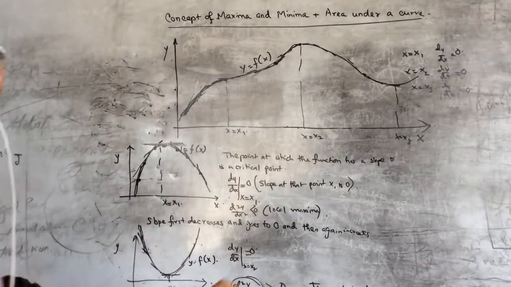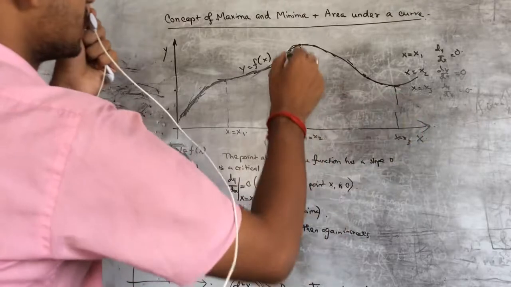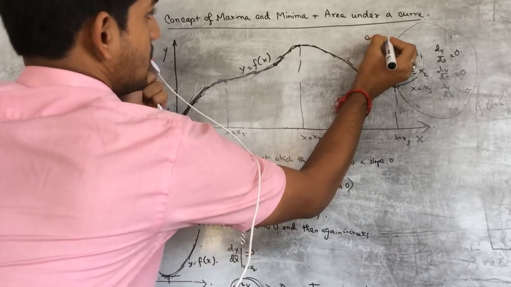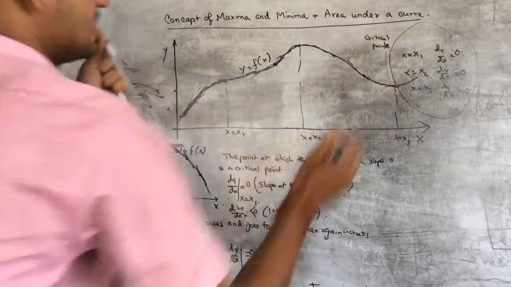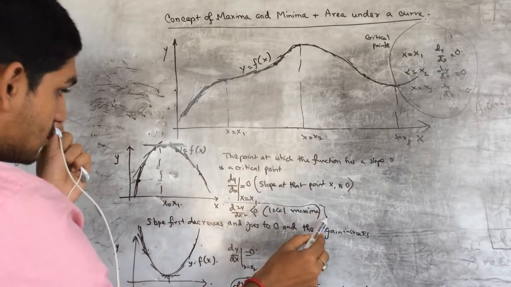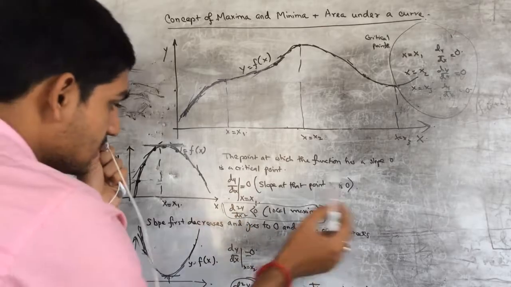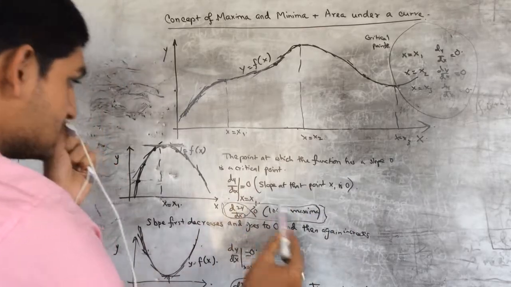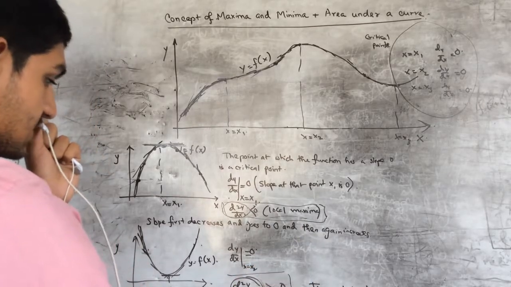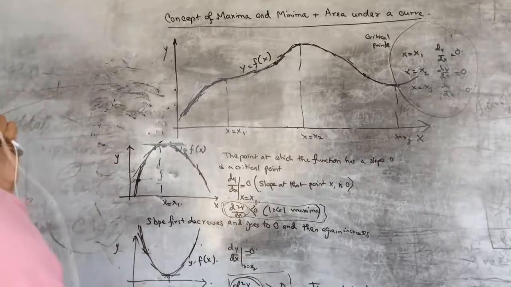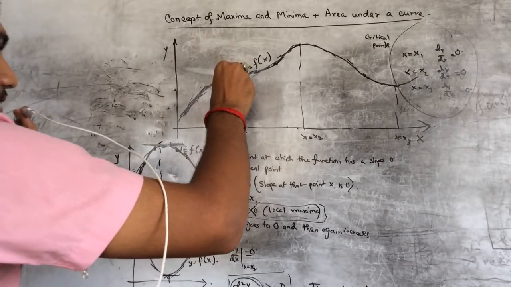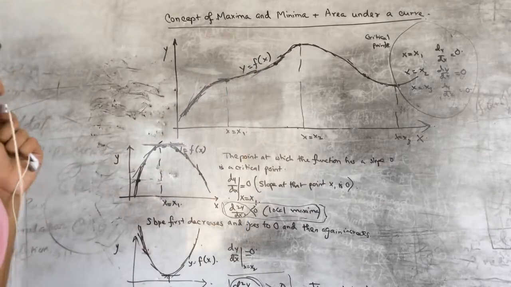Now how will we say what is the behavior of this function at these three critical points? These are the critical points. As I told you, without any reason or proof, just stay with this fact that if d2y/dx2 is less than 0, it is a local maxima, and if d2y/dx2 is greater than 0, it is a local minima. Now we can see from the graph that this point is neither a maxima nor a minima, but has a slope 0.